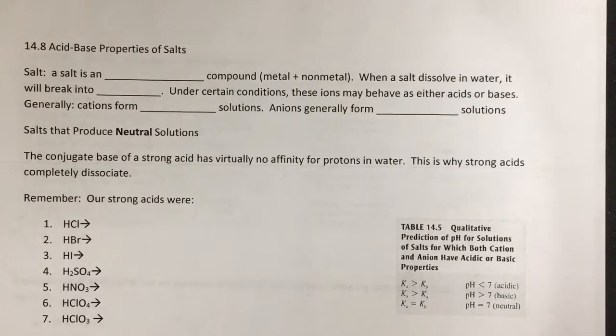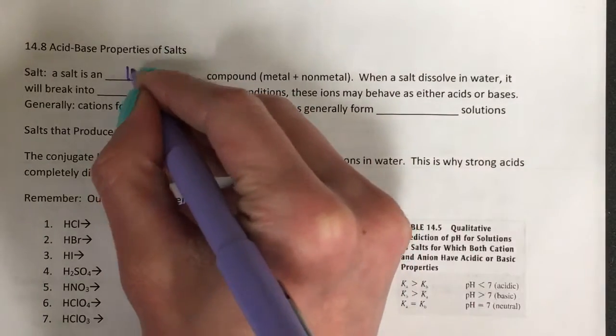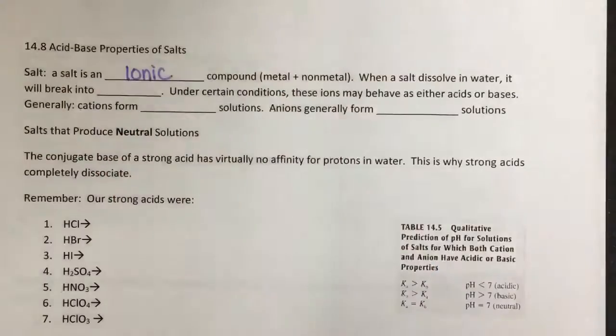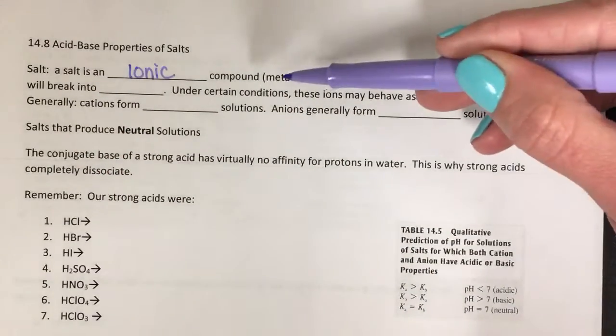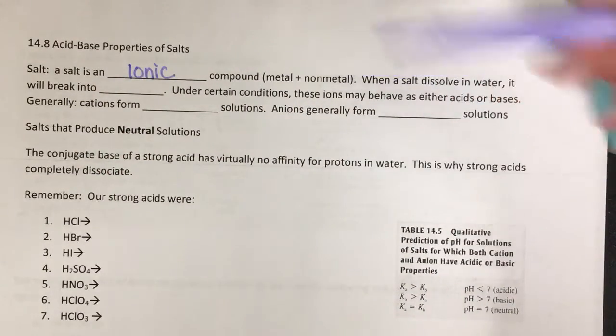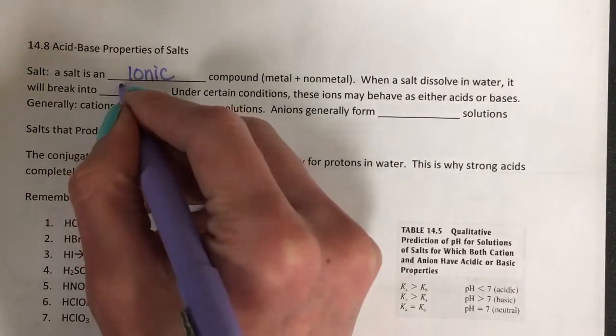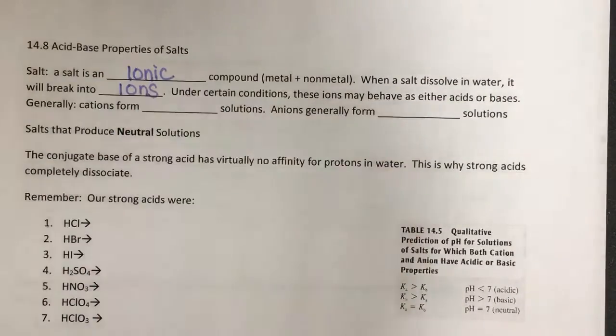So sometimes we have things dissolve in water that don't look like acids or bases. Now, if I dissolve a salt in water, sometimes it'll affect the pH. A salt is going to be an ionic compound. So remember, we've got a metal plus a nonmetal. When the salt dissolves, it's going to break into ions.